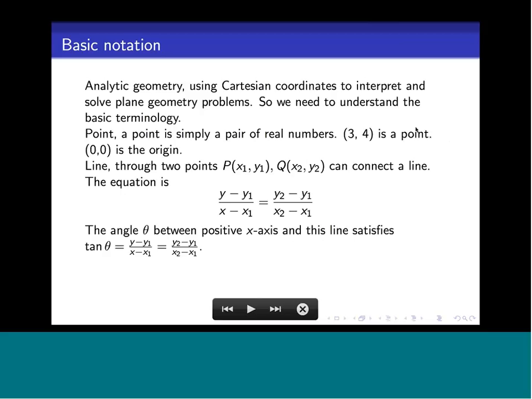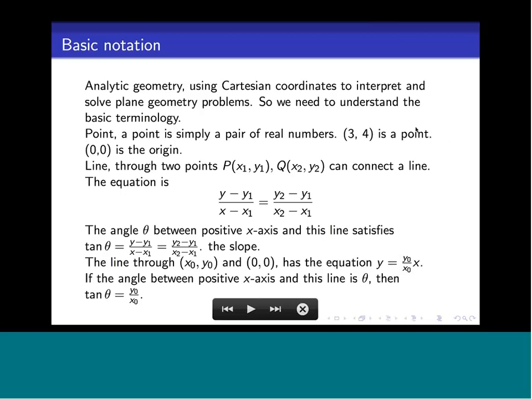We can also talk about angle. If you have one line, the tangent of the angle is just the slope, or the angle is the arctangent of the slope. That's all simple. We already learned that many times, right?